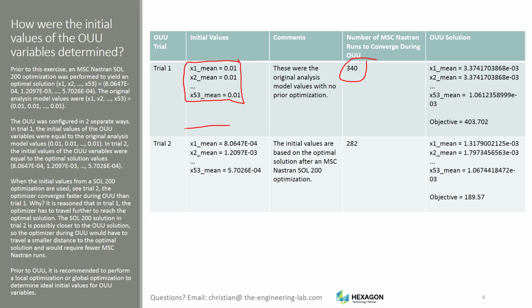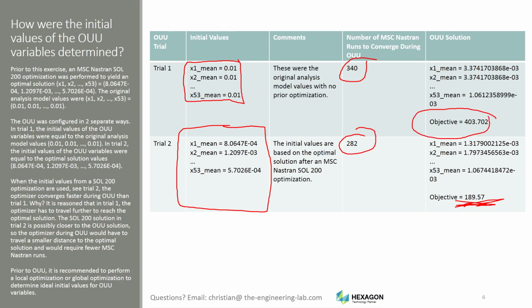On the other hand, if we start the optimization at the optimal SOL 200 solution, we only have to run Nastran 282 times. And we actually get a better objective. Now, when we start at the non-ideal location in the design space, we get an objective of about 400 units of mass. But here, when we use the better starting location, we get an objective of about 190.